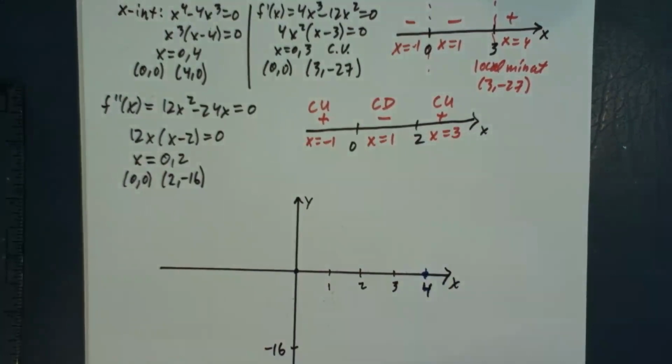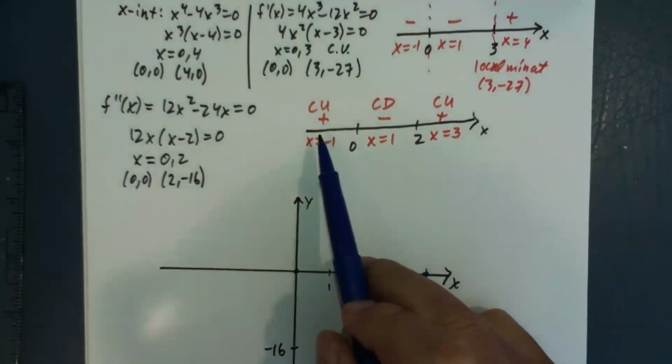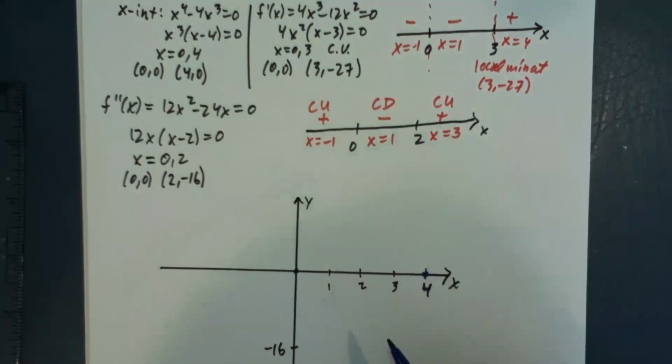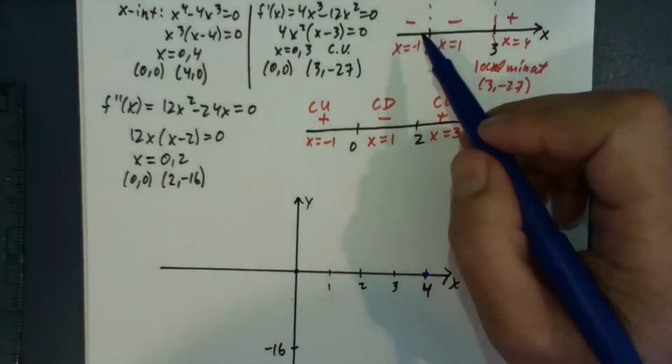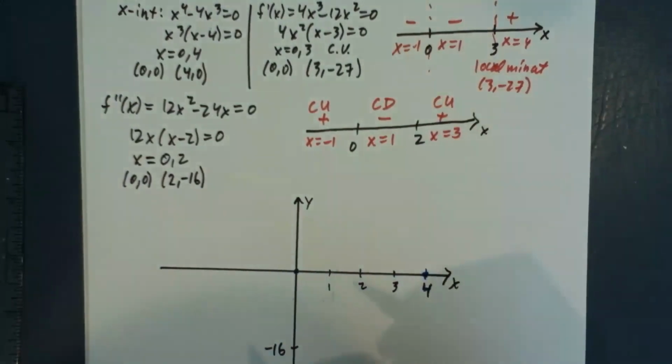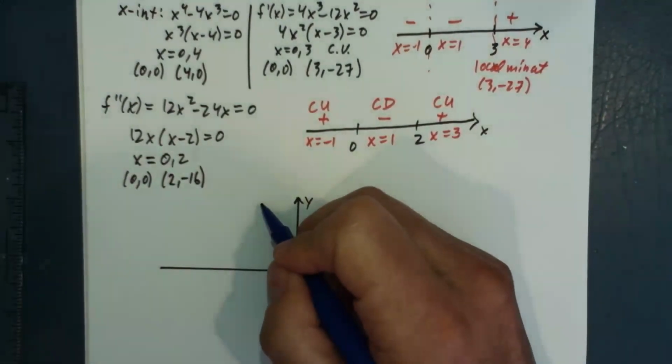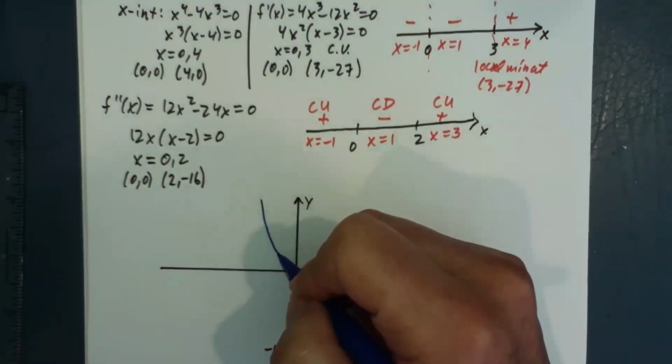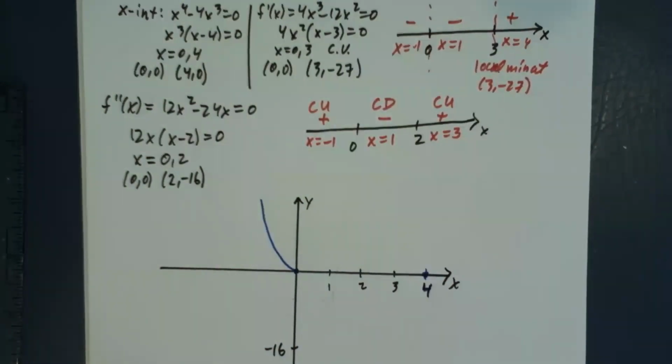All right. So before (0, 0), we are concave upward. And the slope of the tangent line is negative, which means it's going to be doing that. At the point, notice it's concave upward.